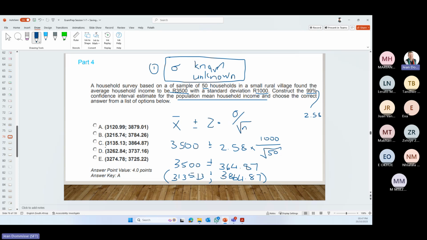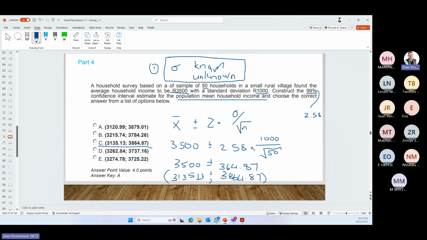Okay, and you have the answer for that. So if you went for standard deviation is known, there's the answer.